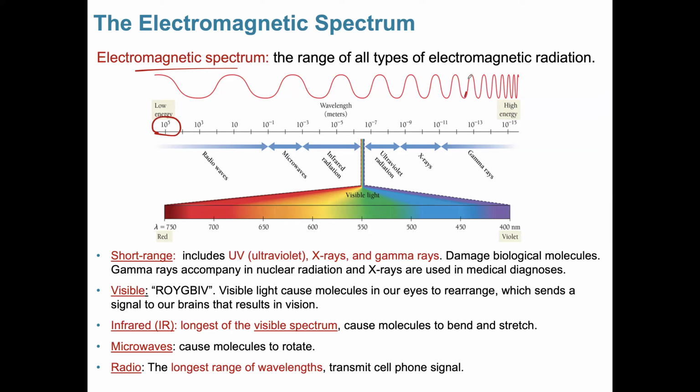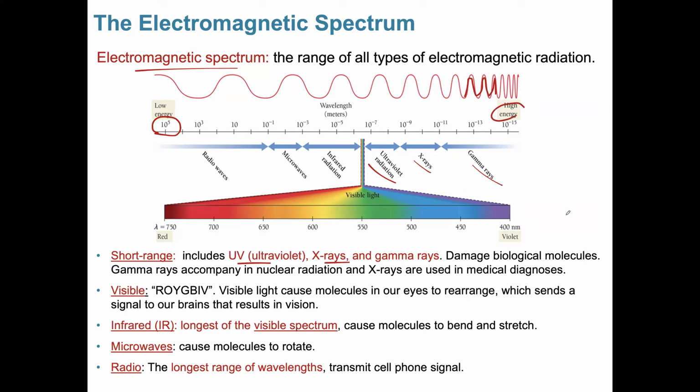So going left to right, the wavelength decreases while the frequency increases. You can see here the distance between the two peaks getting shorter and shorter. That means a lower wavelength, and the frequency gets higher and higher. Short-wavelength radiation includes ultraviolet radiation, X-rays, and gamma rays. Those radiations have shorter wavelengths, higher frequency, and high energy.